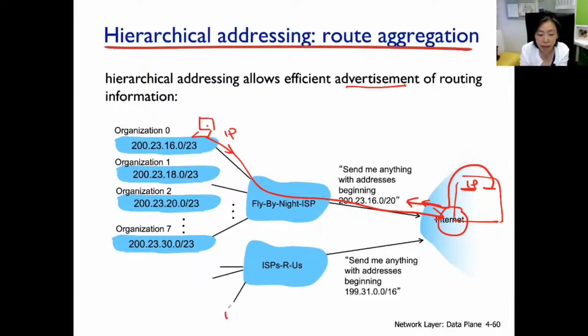Now for a guy who's connected to the internet this way, that advertisement will go down this other interface. So for this other guy here, IP prime, the output interface will be linked here. That is the general idea of routing.